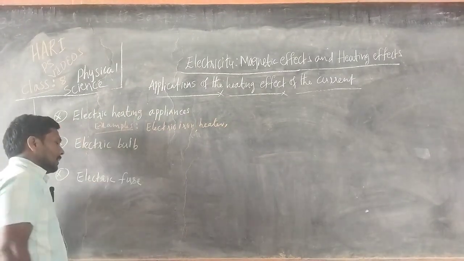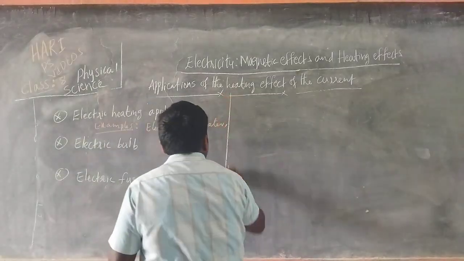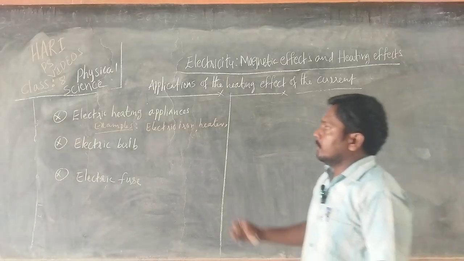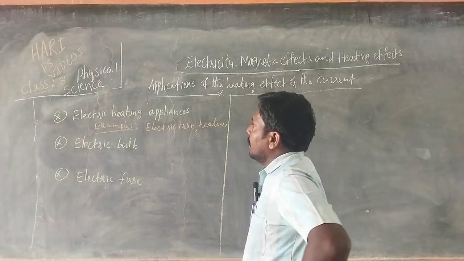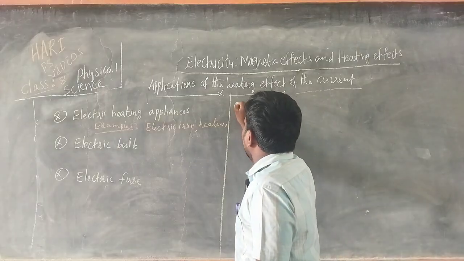As we know, electric bulb and electric fuse. So these are the three applications we have in our daily life. First, electric heating appliances.